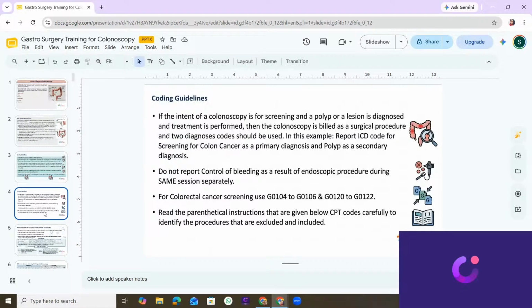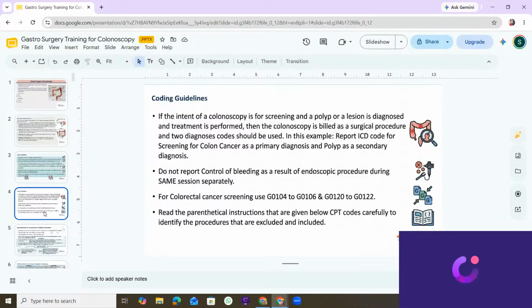Do not report control of bleeding as a result of endoscopic procedure during the same session separately. It is bundled with the primary procedure. For colorectal cancer screening, use G0104 to G0106 and G0120 and G0122. We'll discuss these codes in detail in the next slide.